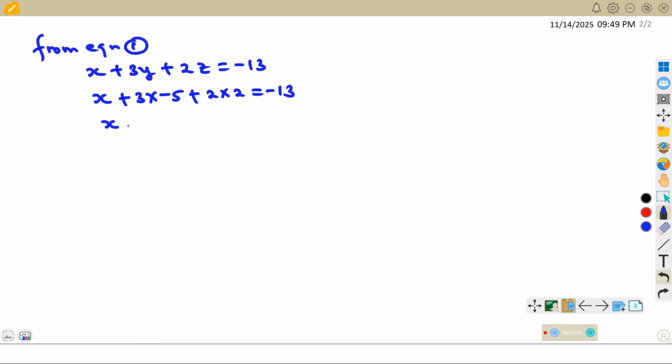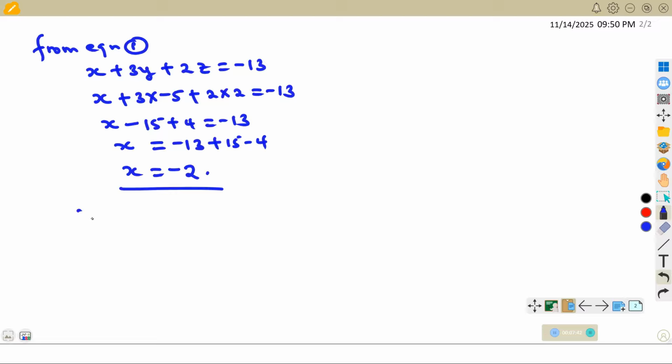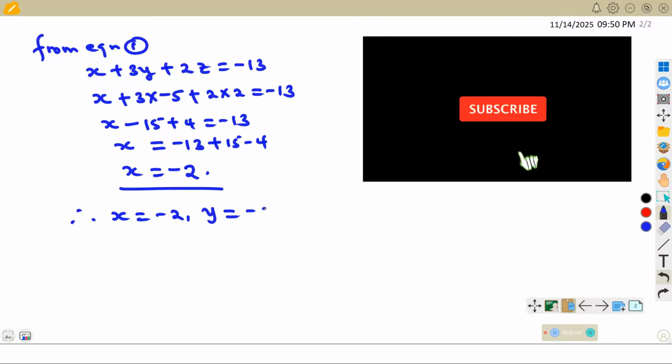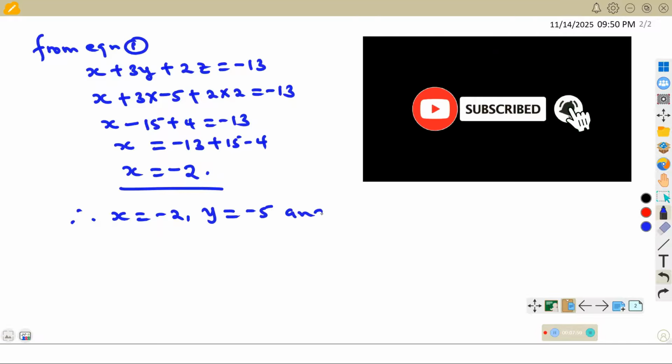So x minus 15 plus 4 is equal to negative 13. So x will be equal to negative 13 plus 15 minus 4, which is negative 17 plus 15, that is negative 2. Therefore, the value of x is negative 2, y is negative 5, and z is positive 2.